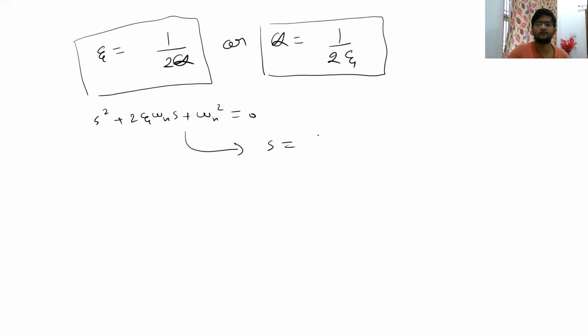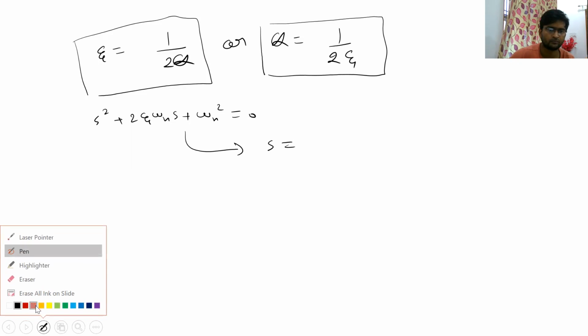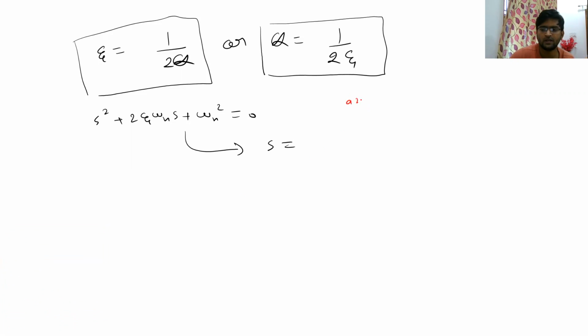You know already that for a second order algebraic equation, suppose you have ax square plus bx plus c is equal to 0, then the value of x is minus b plus minus under root b square minus 4ac divided by 2a.